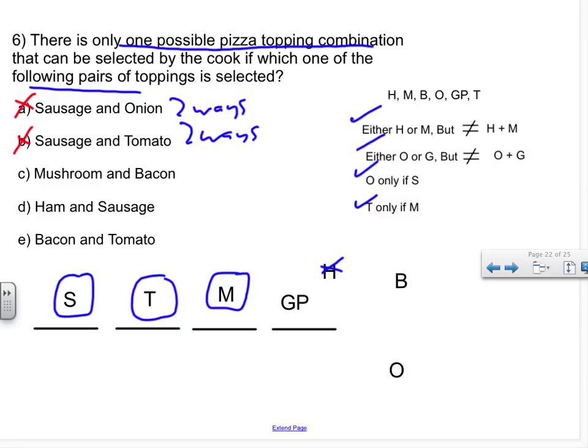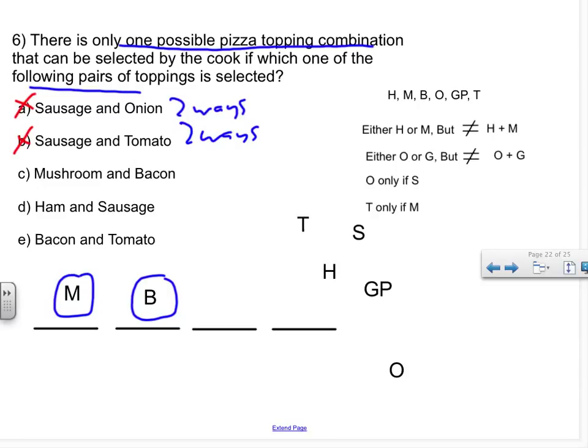Okay, let's try mushroom and bacon. Mushroom will go in the first place, and bacon will go in the second. So now what I need to do is see if I can fill the other two places in more than one way.